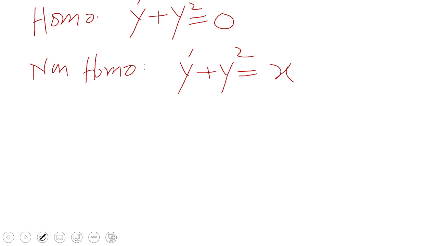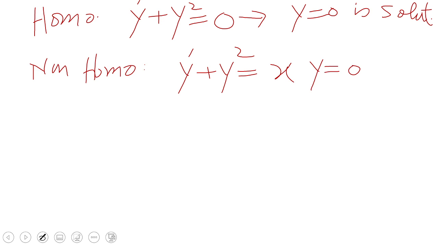So what is a simple check for homogeneity and non-homogeneity? For a homogeneous equation, y equal to 0 is a solution; for a non-homogeneous one, y equal to 0 is not a solution.